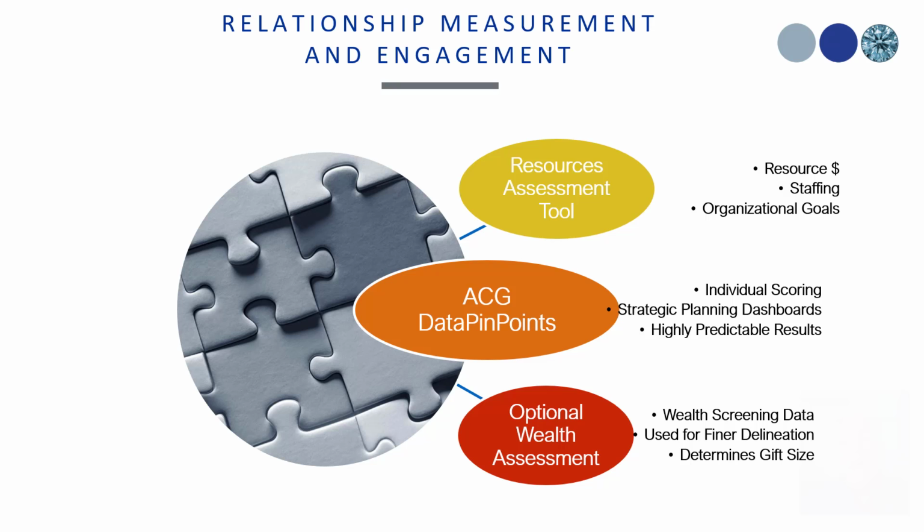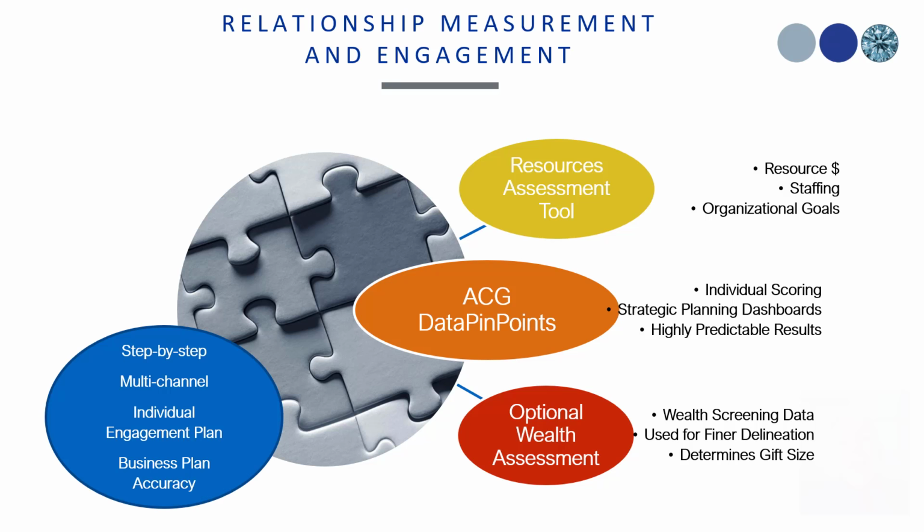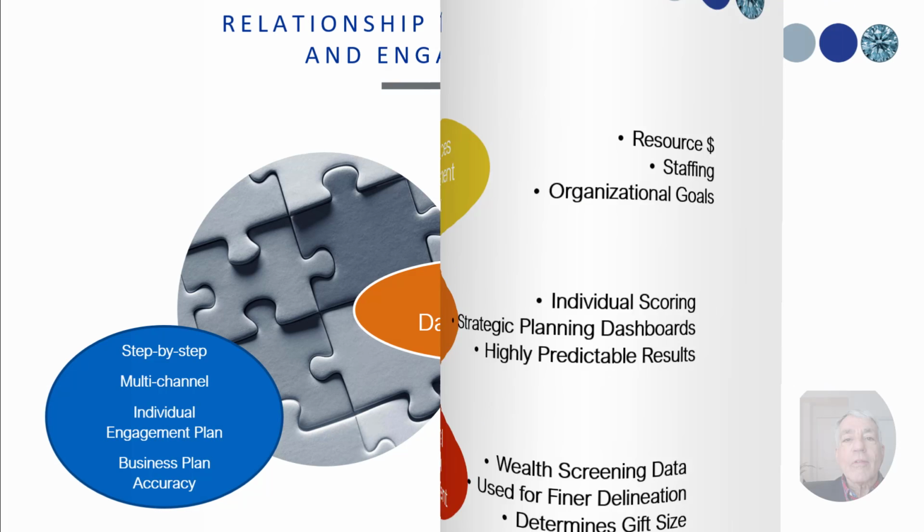We can marry all these together, and out of that we will get a step-by-step, multi-channel, individual engagement plan. And if we summarize together, we can start to build hard business plans with known outcomes that accurately measure the return on investment from the resources you put in. This is the outcome, if you will, of a good database analysis.